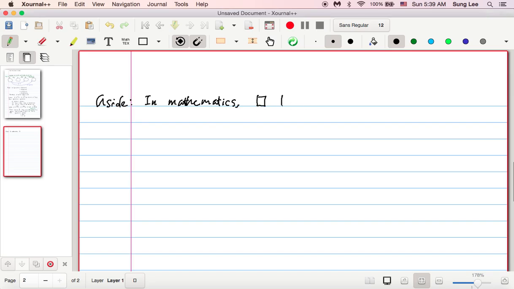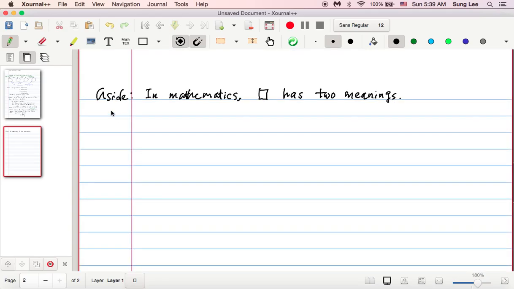The symbol has two meanings. This could mean the empty set.